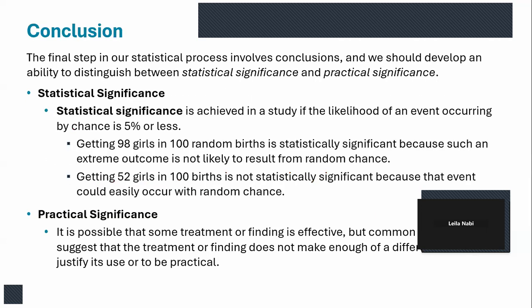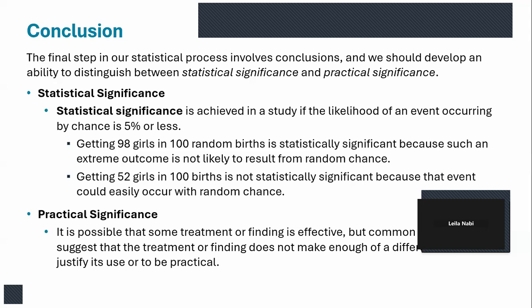Okay? And the last part of this section is talking about whether a study has statistical significance or practical significance. Statistical significance means the results are coming from a statistical study, and the chance of that event occurring is less than 5%.